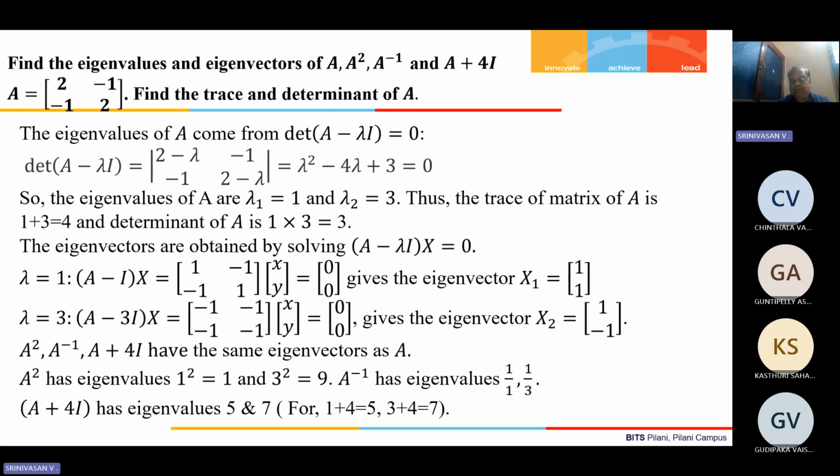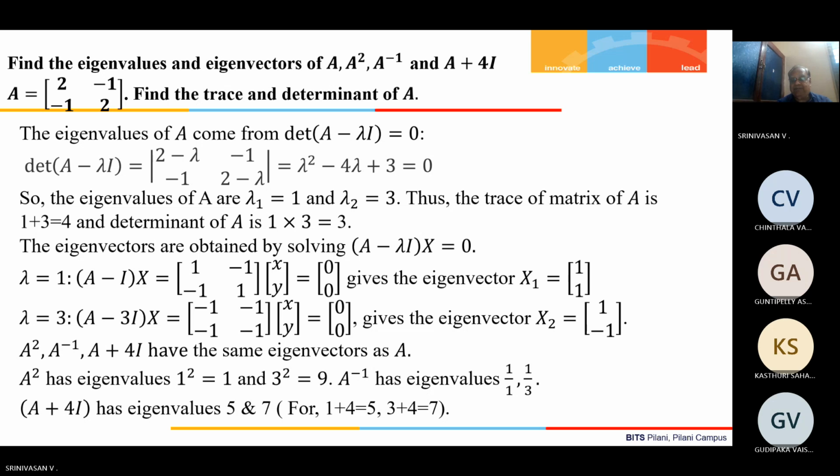This is equal to 1 into 1, 1 plus 1 into minus 1, minus 1, equal to 0, isn't it?